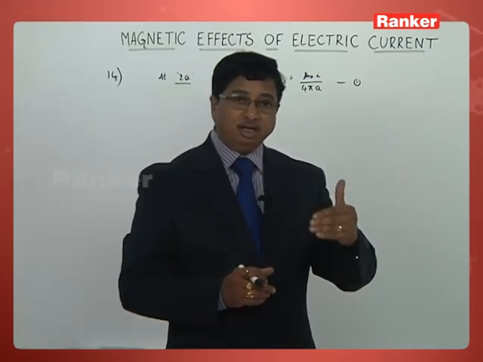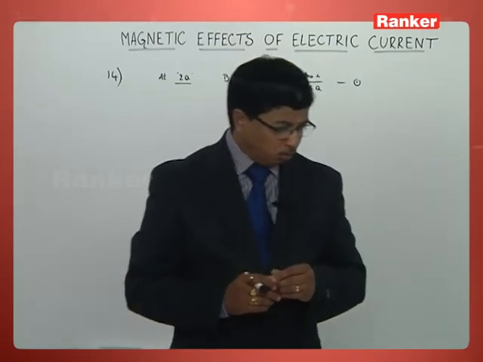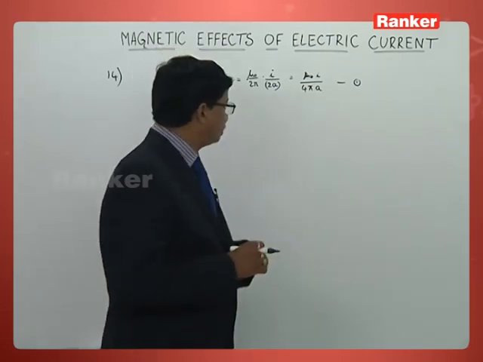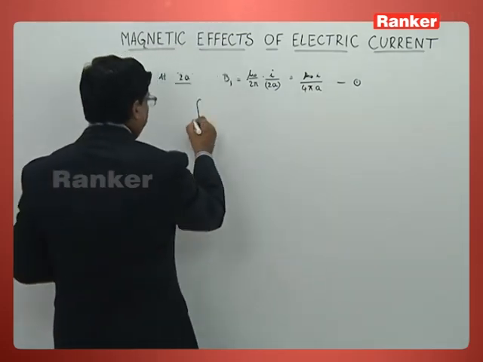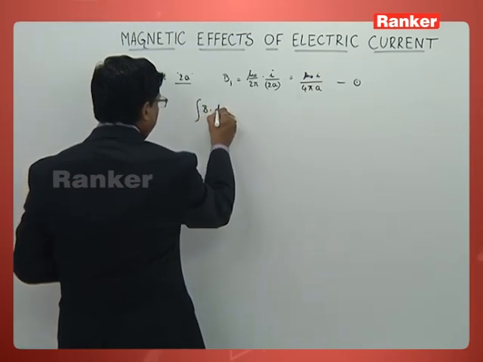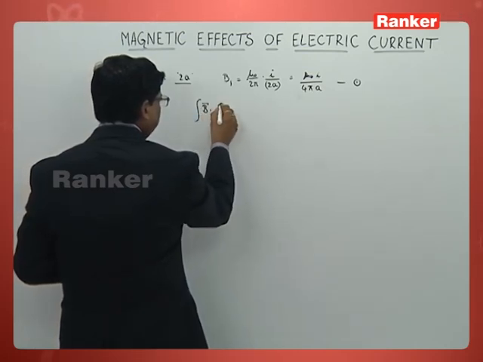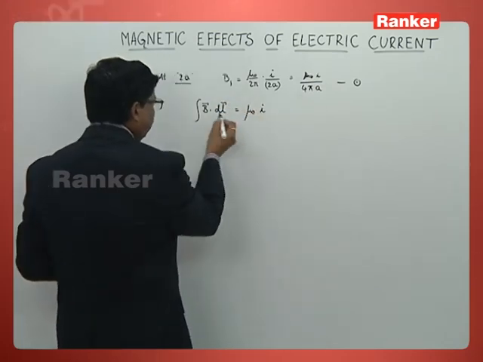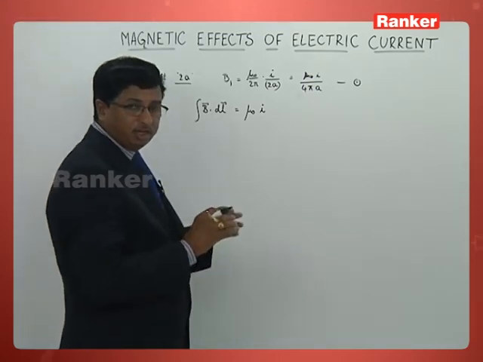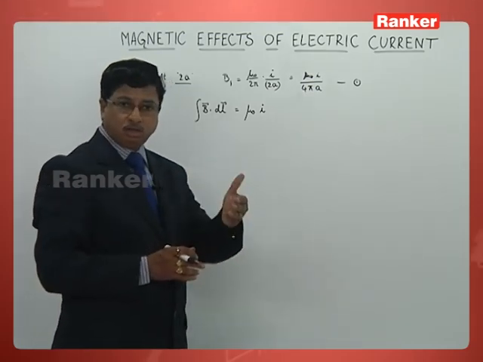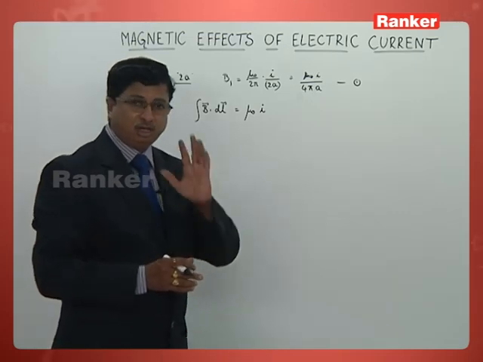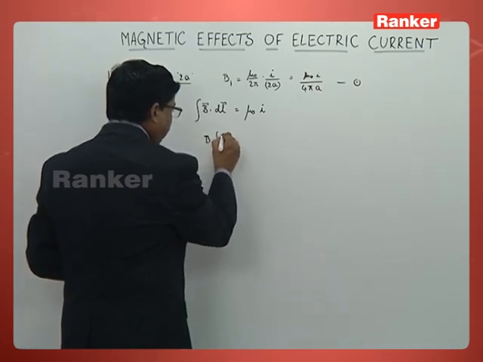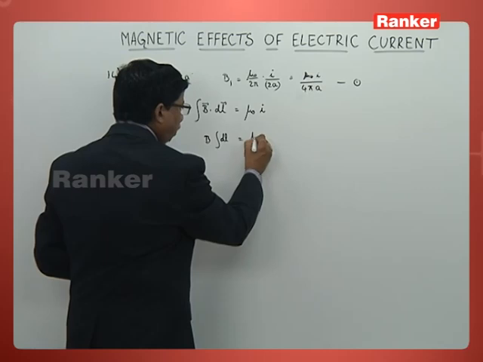I repeat once again, let us take integral B dot dl, which is mu naught I. This integral B dl cos theta, with cos theta being 1 in this case, is B into dl. So I can now write B integral dl is equal to mu naught into I.